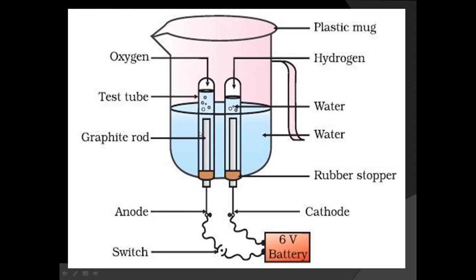Oxygen gas collects in the test tube having the graphite rod connected to the positive terminal, and hydrogen gas collects over the test tube connected to the cathode, that is the negative terminal of the battery. Very simple and easy diagram, you can draw it very nicely. Write this and practice this 2 or 3 times, you can do it.